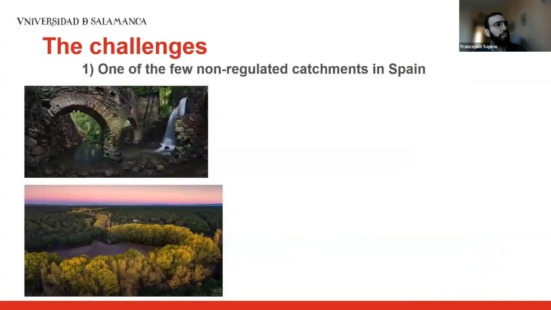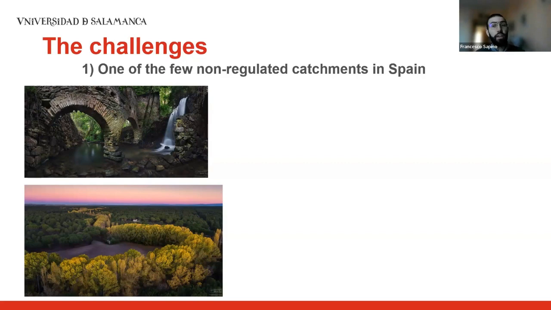One of the challenges is that in this catchment, there is no regulation of the river. So it's one of the few in Spain that is good from an environmental perspective. We can enjoy the beauty of the natural flow, etc.